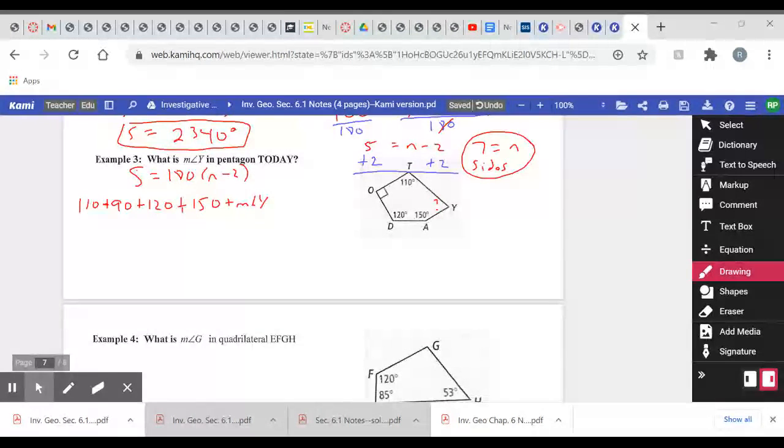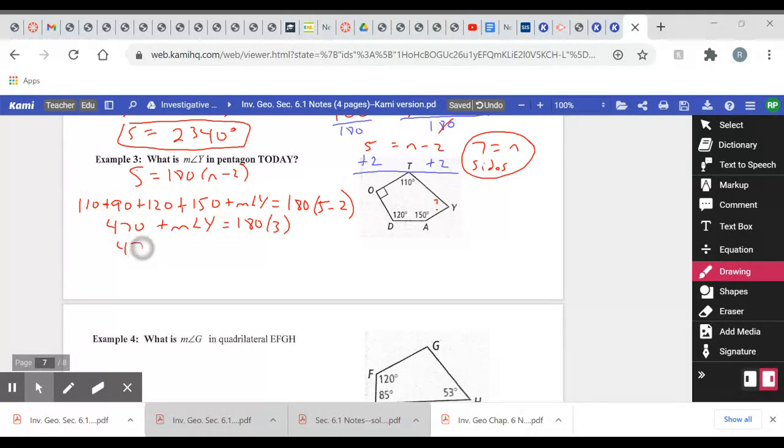And that's equal to what I have on the other side of my equation, 180 times n. I know what that is because I can count 1, 2, 3, 4, 5 for the sides of the figure. And 5 minus 2 is still part of the problem. So if I add up all these angles I know, I get 470 plus the measure of angle y that I don't know, that I'm trying to find, is equal to 180 times 3, because that's what 5 minus 2 is.